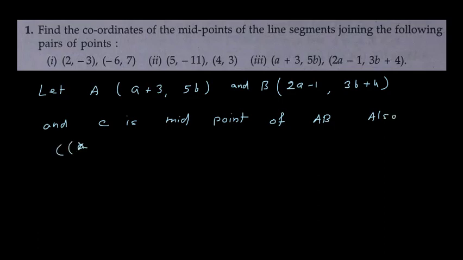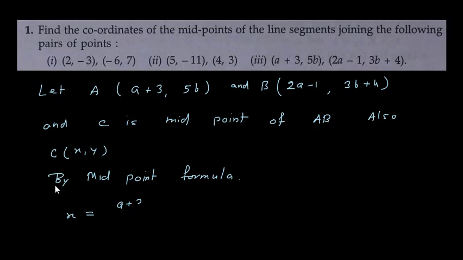So by midpoint formula, this value x is a plus 3 plus 2a minus 1 whole divided by 2, and this value y is equal to 5b plus 3b plus 4 whole divided by 2.